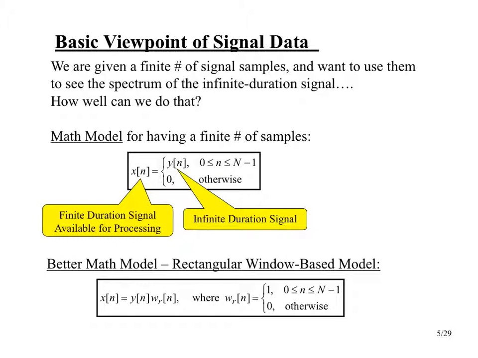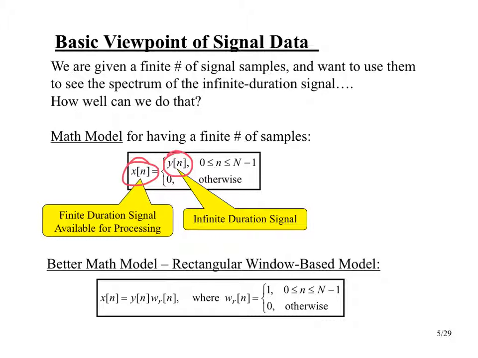So here's the basic idea. We've got some underlying signal that we're going to collect just a finite amount of data. Here we're calling y of n the infinite duration signal, and x of n will be the effectively windowed version of that. We model the conversion into a finite number of samples by imagining that the samples we don't collect are set to 0.